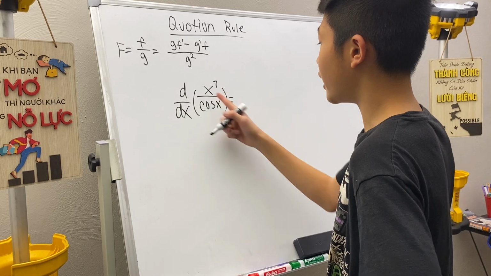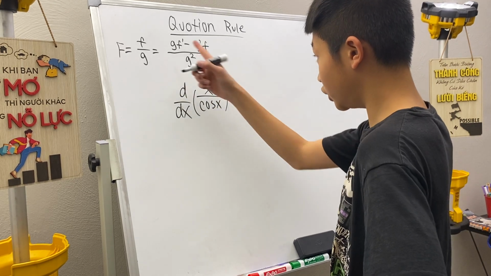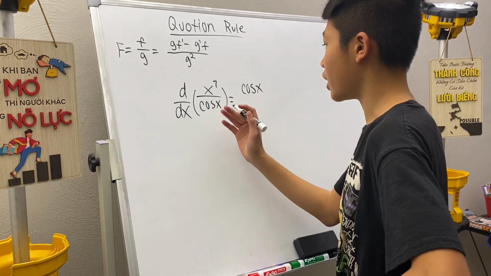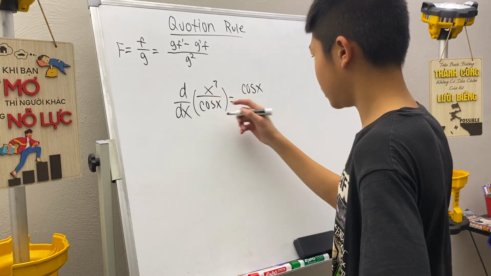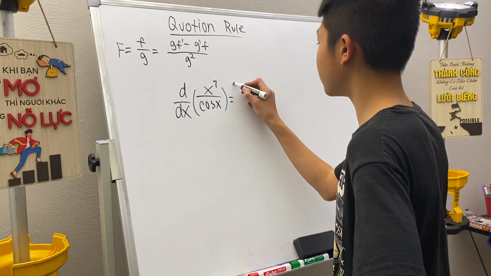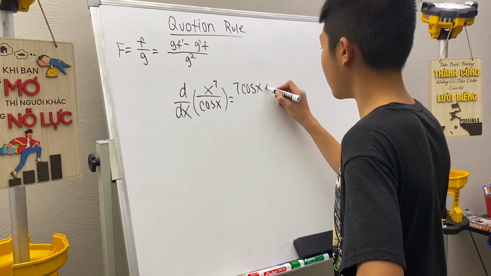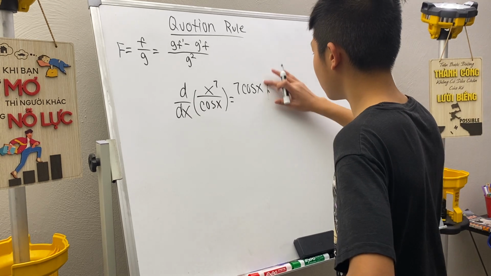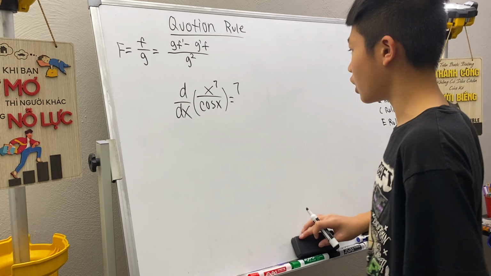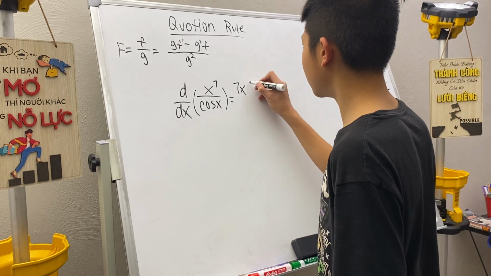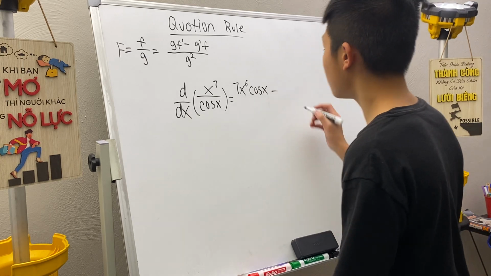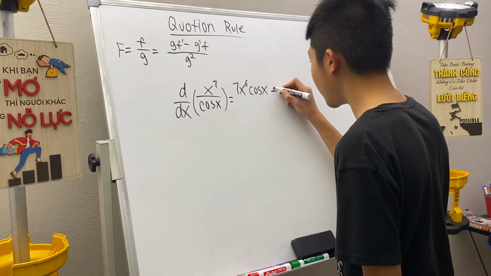This right here is F, this right here is G. So it's equal to G times F prime, the derivative of this. Can you calculate it? Yes, let's bring the 7 outside, and x to the 6th. Let me write it like this. I can bring this in front so it looks nicer. Then minus G prime, which is negative sine x, but the negatives cancel.